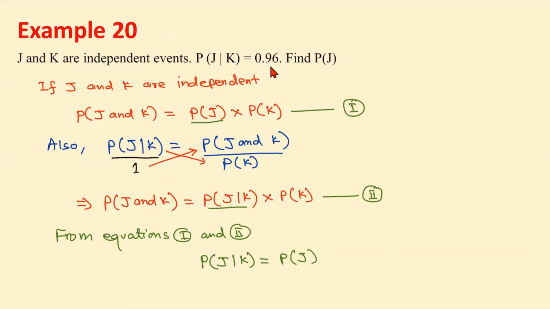That means the probability of J is also 0.96. So this implies probability of J is also, you can see, probability of J given K, which is 0.96.